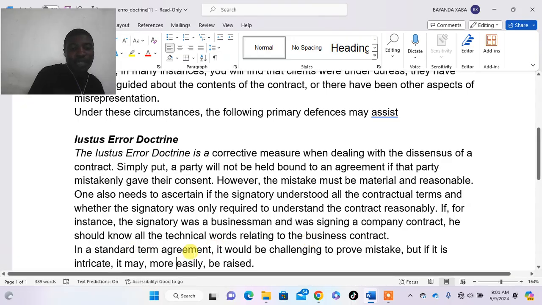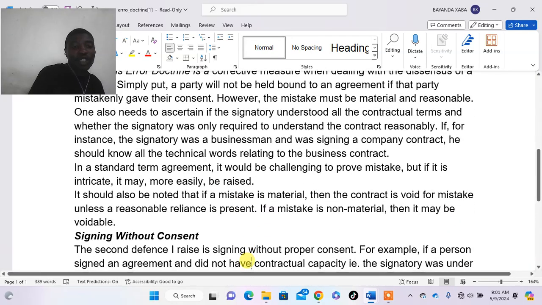In a standard terms agreement, it will be challenging to prove mistake, but if it is intricate, it may more easily be raised. It should also be noted that if a mistake is material, then the contract is void for mistake unless a reasonable reliance is present. If a mistake is non-material, then it may be voidable.